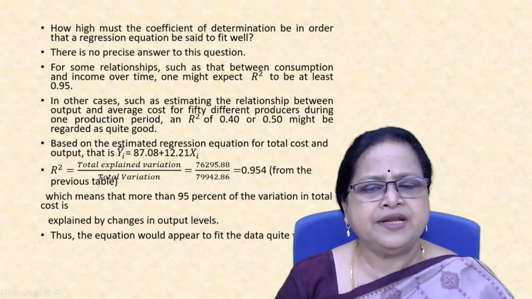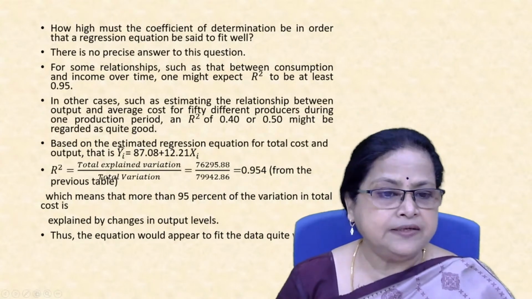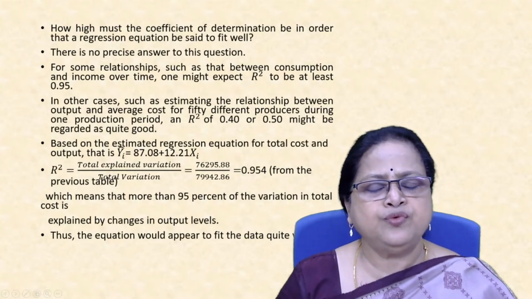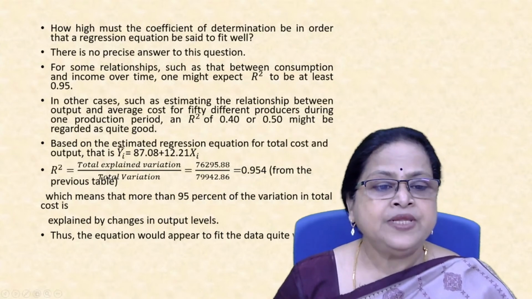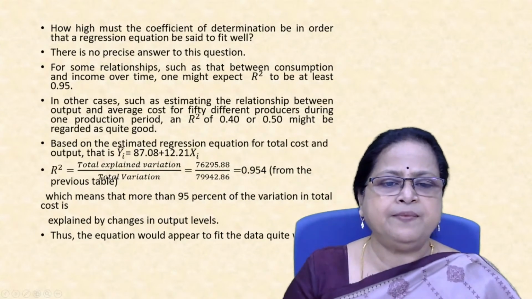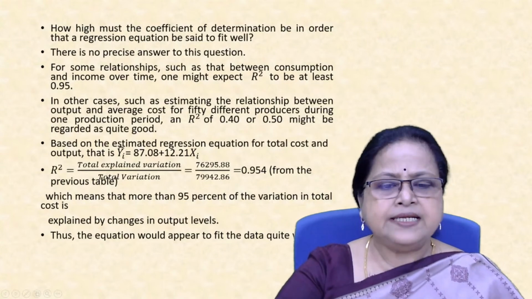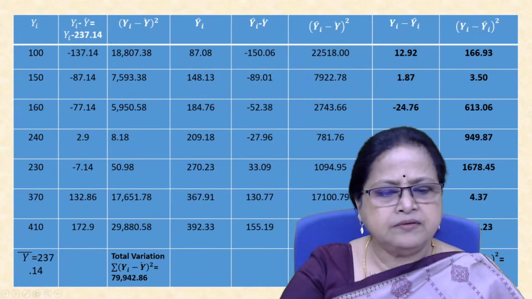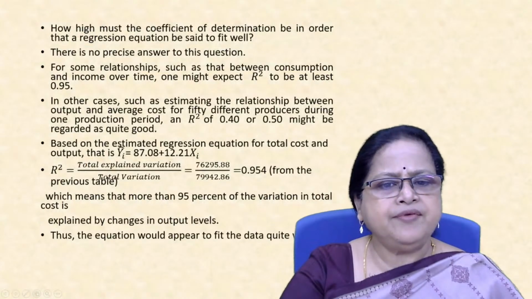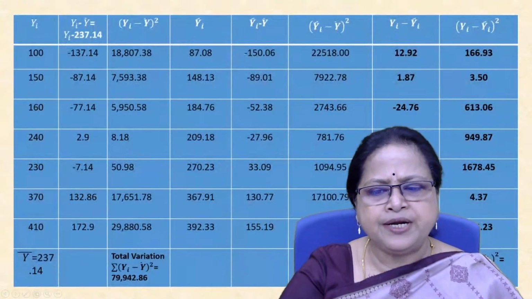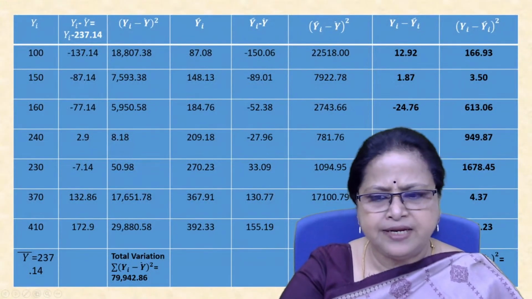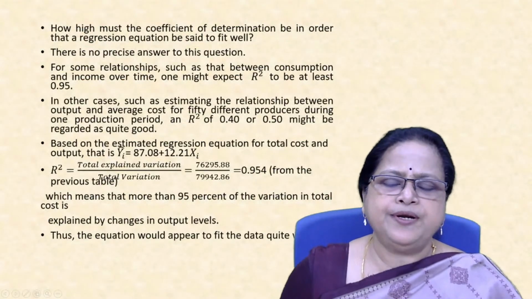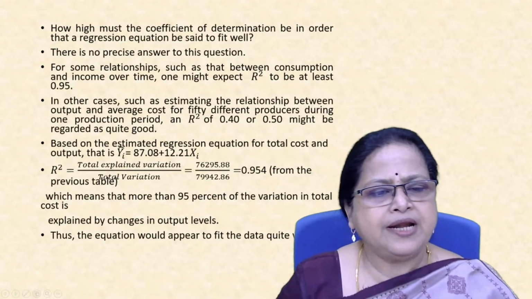Based on the estimated regression equation, what we found earlier, that is yi hat is equal to 87.08 plus 12.21 xi. Now total explained variation divided by total variation is coming here. Total explained variation is 762.95.88, and the total variation is 79942.86, that is equal to 0.954.